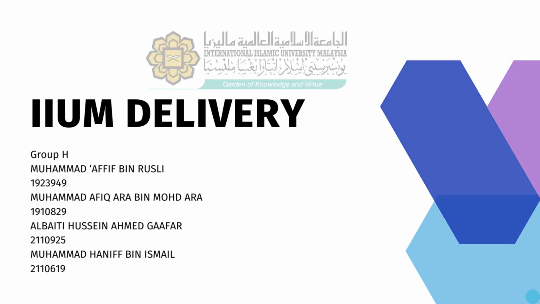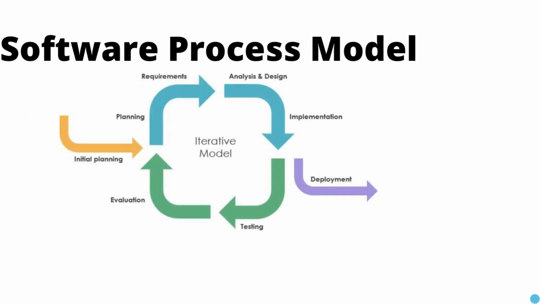campus. For the software process model of our project, we use the iterative process model. It consists of initial planning, requirement, analysis and design, implementation, testing, evaluation, and deployment. So first is planning. We plan by establishing the IIUM Delivery software and mapping out the specification document.